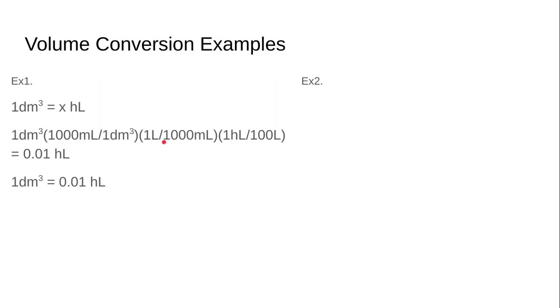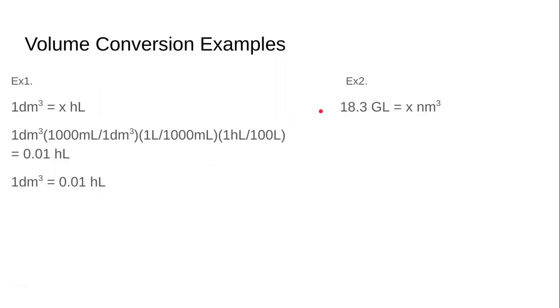This lets us cancel out the 1,000 milliliters in both of these fractions. And lastly, we know that 1 hectoliter is equal to 100 liters. This lets us cancel out the liters and leaves us with 0.01 hectoliters once it is plugged into a calculator. So, thanks to dimensional analysis, we now know that 1 decimeter cubed is equal to 0.01 hectoliters.